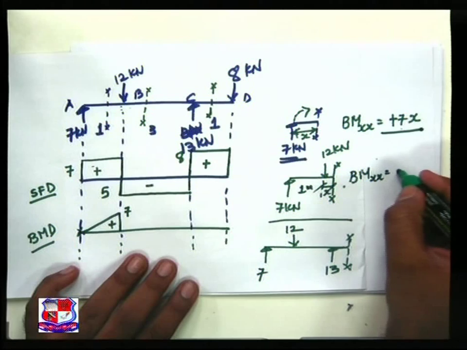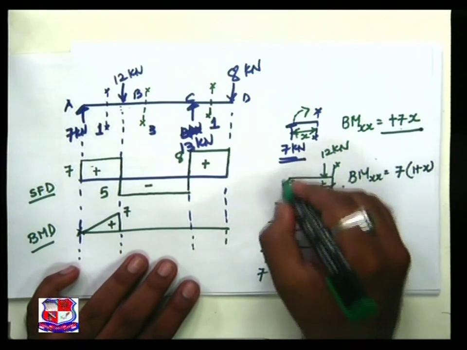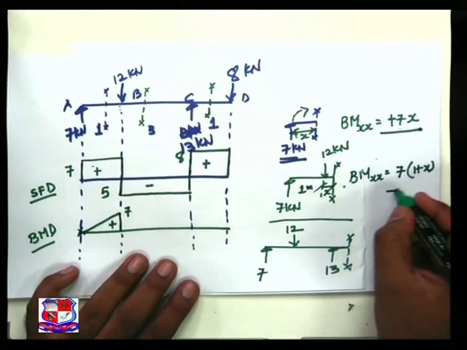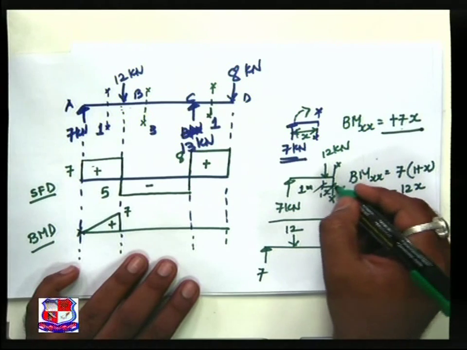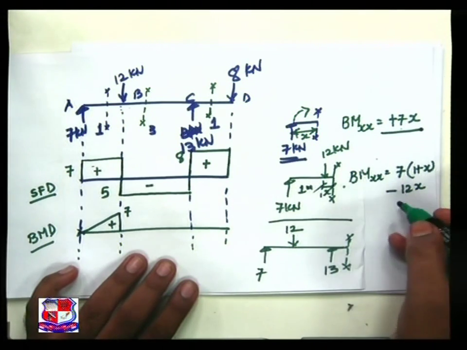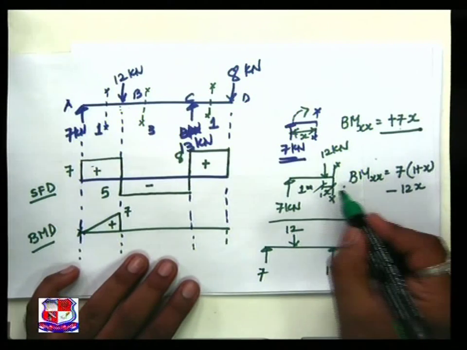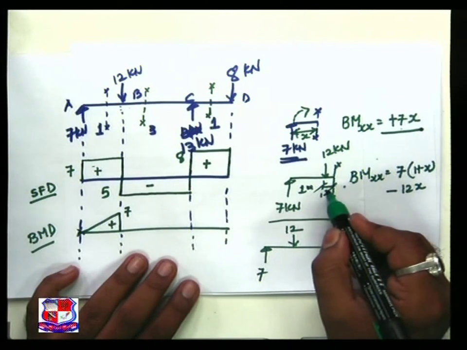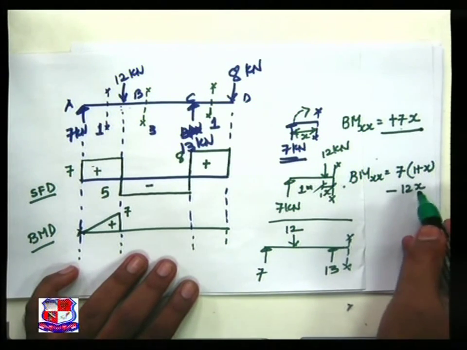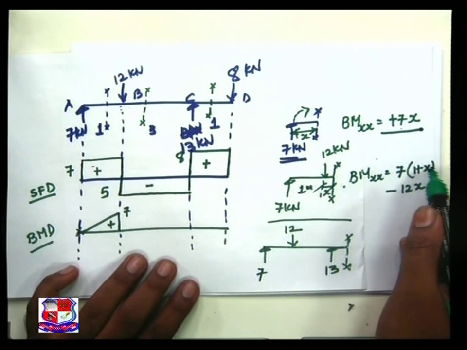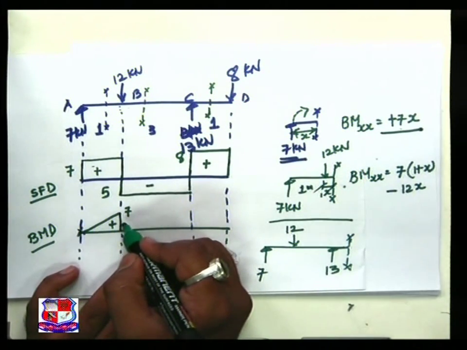It is equal to 7 into 1 plus x, section left clockwise, minus 12x, section left anti-clockwise, creates the hogging nature, minus 12x. Now, when x is equal to 0, the bending moment at B, this term is nullified. Only 1 is there, 7 into 1 is 7, that we have achieved over here.